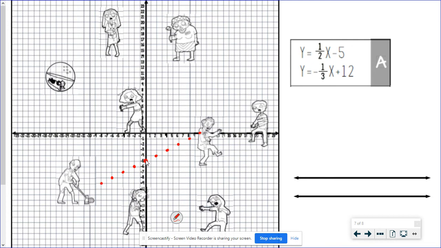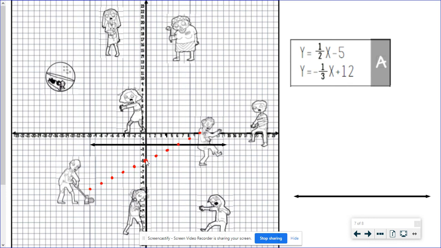So you can see this line would also go back here to hit another zombie on this side. So I'm going to take one of my lines. I'm going to put the end of it right on that point.